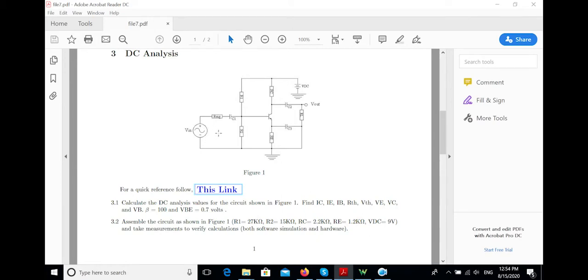One important thing here is that you need 9 volt DC. Again, your voltage supply from the Analog Discovery has a maximum of +5 and a minimum of -5, so you're going to use the red wire with +5 to connect it to this node here, and -4 to connect it to this node here.